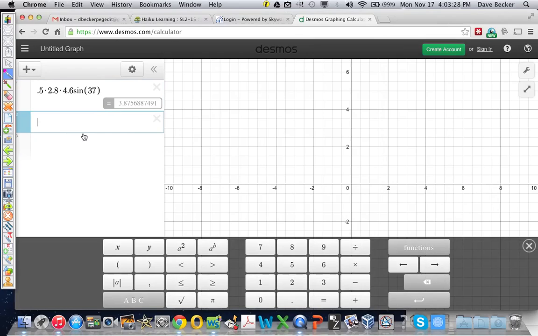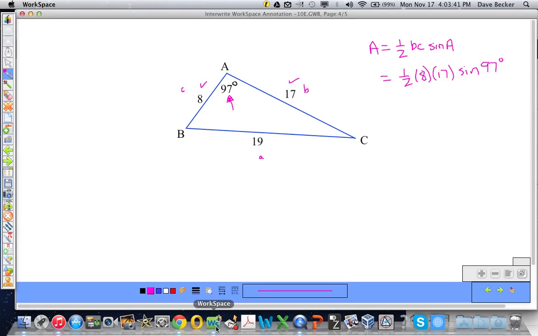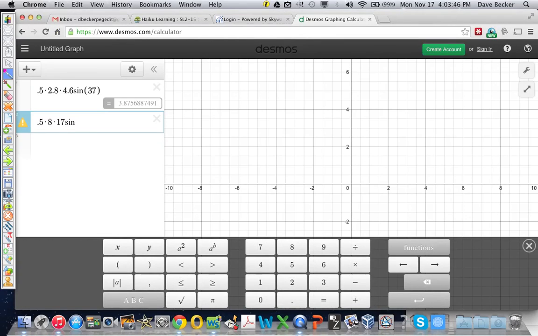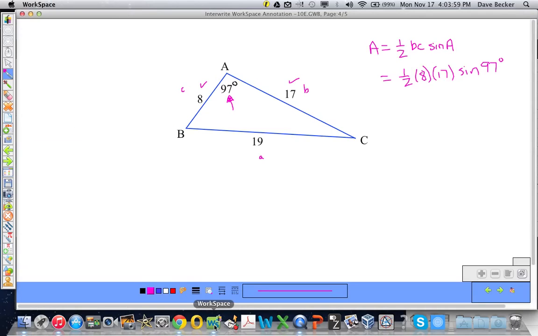So 1/2 times 8 times 17, times the sine function of 97. And there we go. It's already in degrees. And so my answer is 67.5. And I don't have any units, so it's just units squared. So that would be 67.5 units squared.